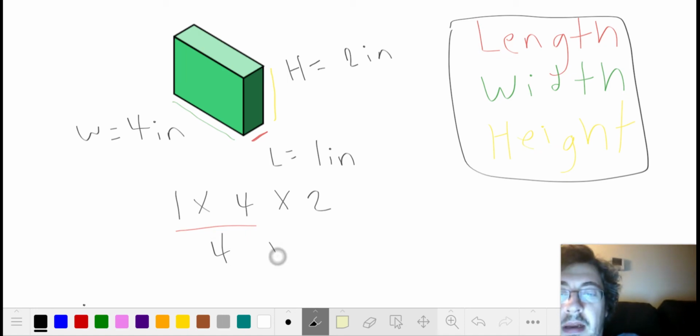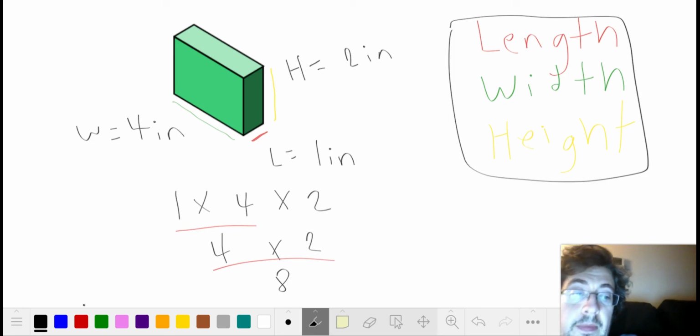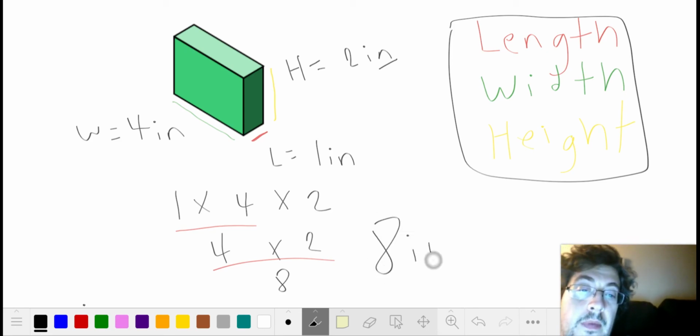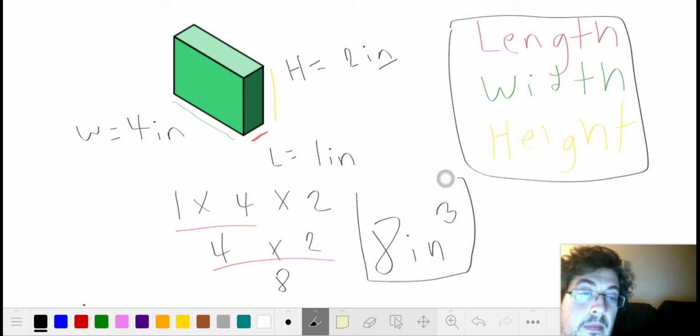And then I'm going to bring down my times 2. And that's the last step in my expression here. And that's going to give me 8. Remember, we have units here, so we don't want to forget about our units. So this is 8 inches, and because this is a volume measurement, this is going to be 8 inches cubed, or 8 cubic inches.